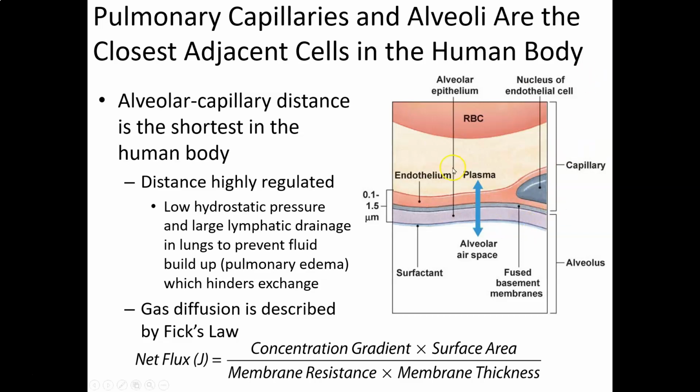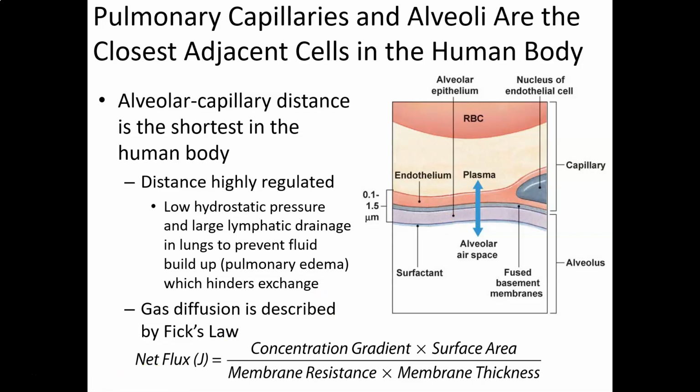And Fick's law of diffusion tells us that the net flux, how fast a substance moves across a membrane, is directly proportional to the concentration gradient and surface area, over the membrane resistance times membrane thickness, which is inversely proportional. So if we have this thin membrane, the membrane thickness is small, that means the flux is going to be great.